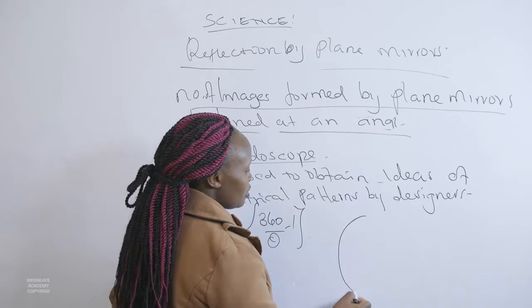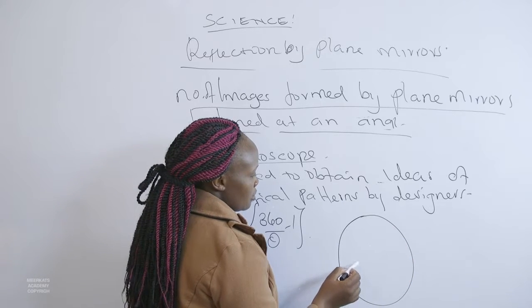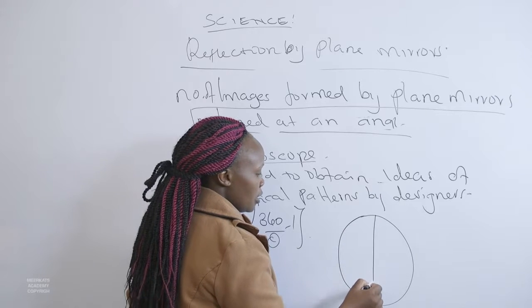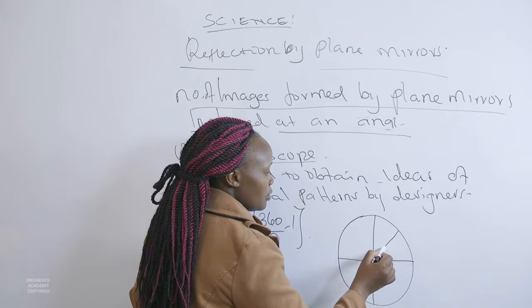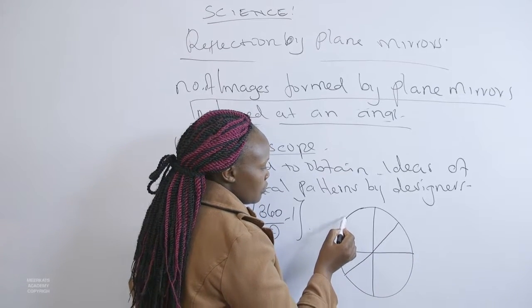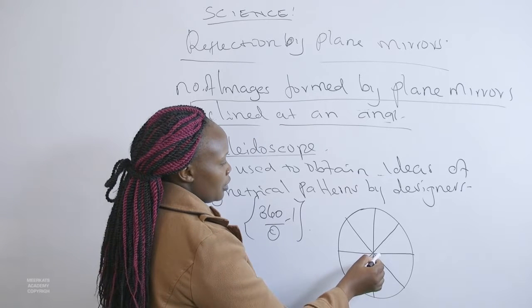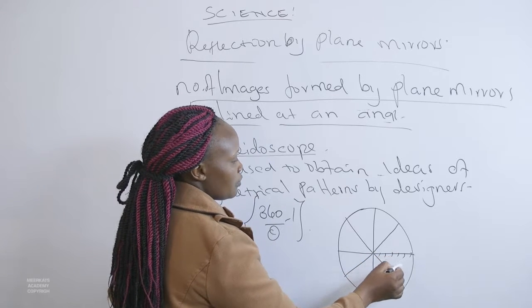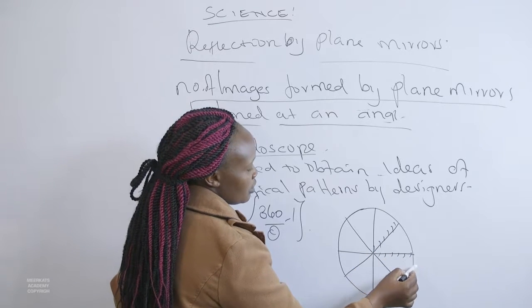In our case, we used 60. Sometimes you can even use 45. 45 will give you so many quadrants. Then you have the images.